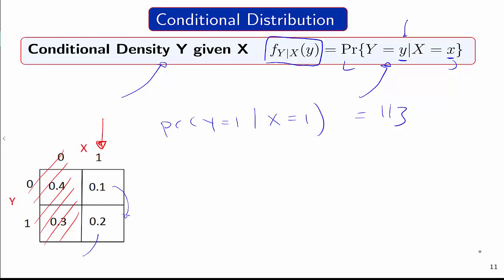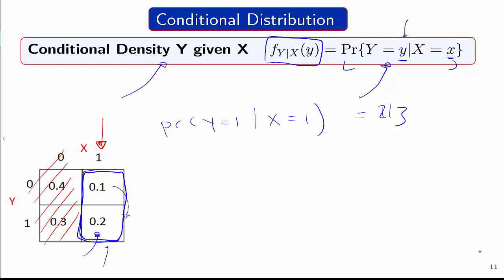Looking here, we now know only two events can occur now: y equals 0 or y equals 1, because we know that x equals 1 occurred. And we can see the relative frequency here. y equals 1 in this world occurs twice as often as y equals 0, which would say that the probability y equals 1 was 2/3.